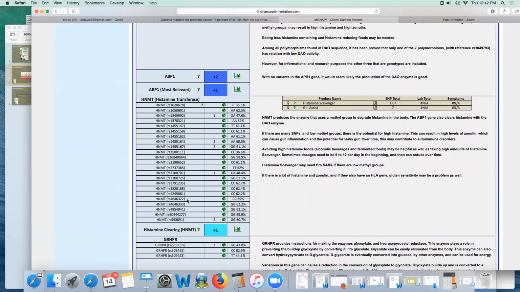And people that have issues with allergies, usually you see a lot of defects on the HNMT genes. Now this person has some defects, which could cause some issues. But people that have defects like, well, maybe twice as many as this are the people that have seasonal allergy problems. They don't get rid of the histamine that their body is producing, because defects on these genes cause a decrease in production of the enzyme that gets rid of histamine in the tissue.